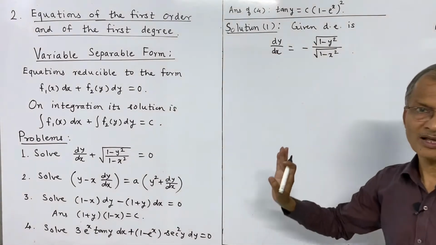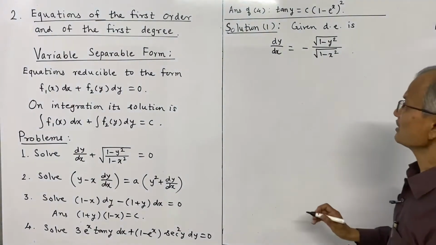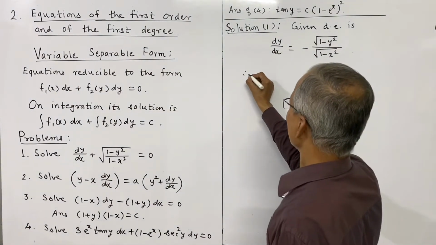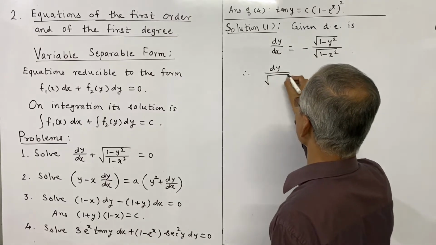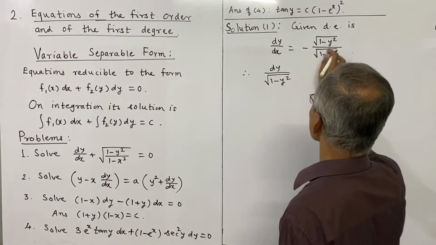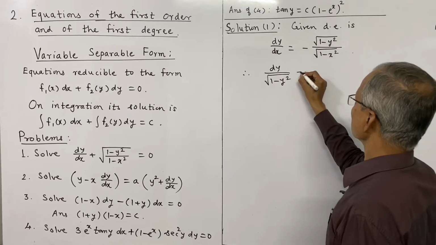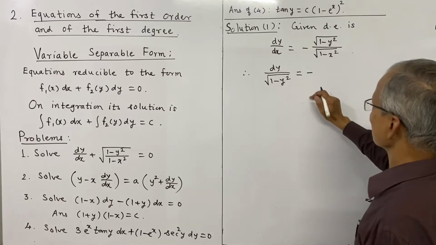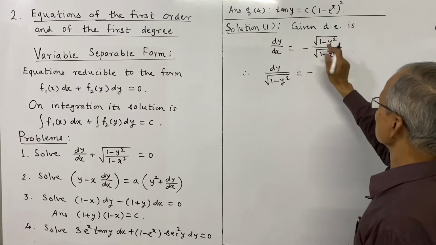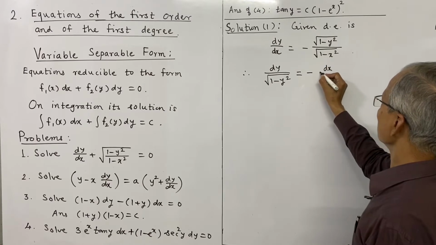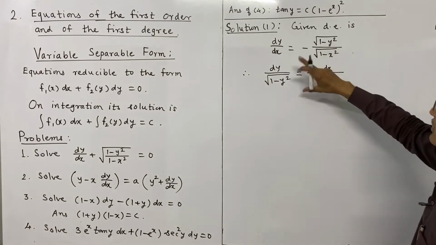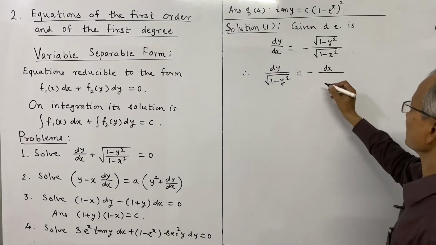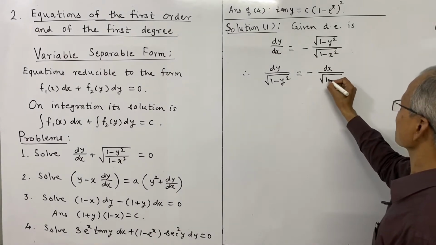Differentials are separated, variables x and y are separated, and this we write: dy divided by under root of 1 minus y square is equal to, the negative sign is on the right side, dx is taken on this side, it will be in the numerator, since the denominator becomes numerator when we shift the term to the other side, and root of 1 minus x square.